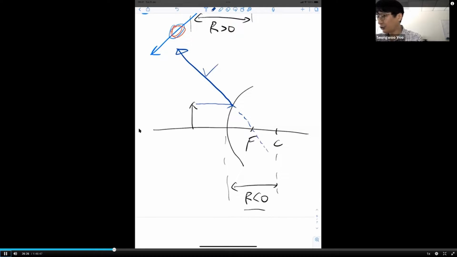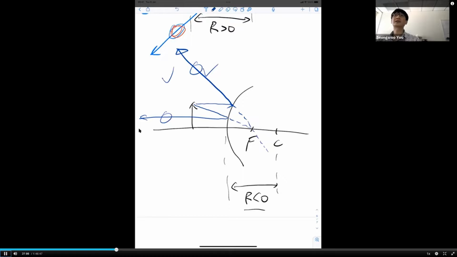I'm going to introduce another ray which will go through the focal point. I want to reach this focal point, but I can't because it is behind the mirror, where there is no physical ray. So I introduce a dashed line, and my reflection will be drawn like this. As you can see, those two reflected rays don't meet in front of the mirror.